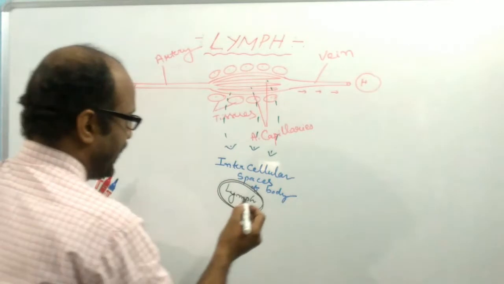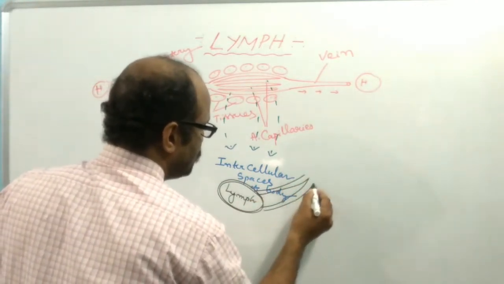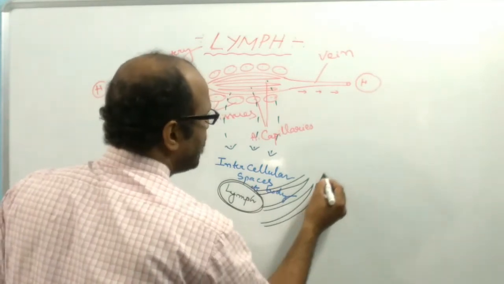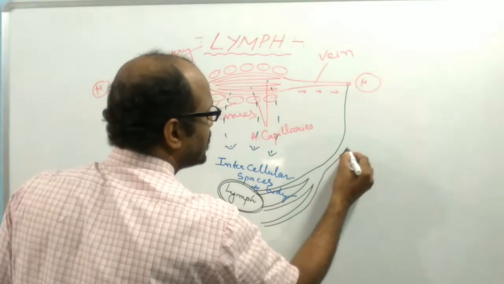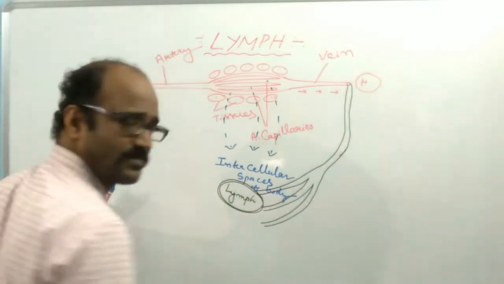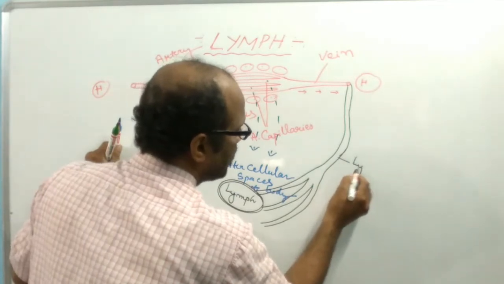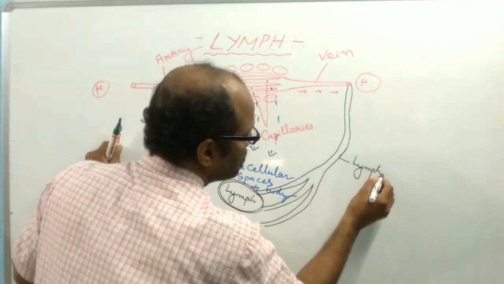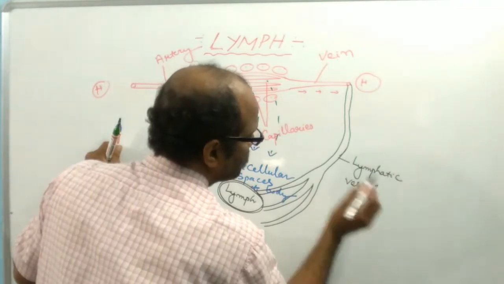Such lymph again comes back to the original blood circulation through another blood vessel, which is known as the lymphatic vessel.